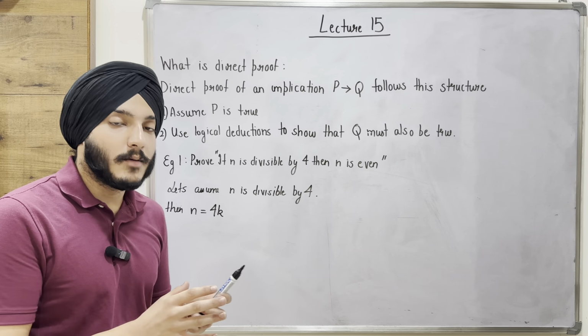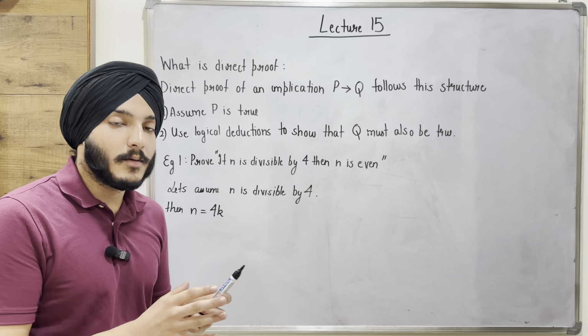So in this case, I write n equal 4k, where k is some integer value. So I've reached the point that n is equal to 4k.